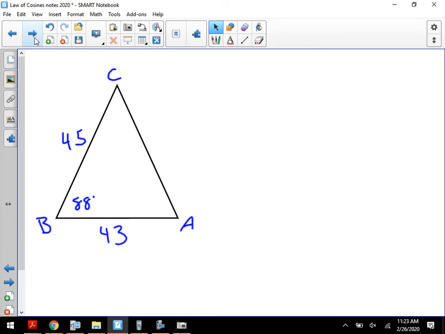Okay? What happens with law of cosines is that it's always dependent upon what information you have. Remember how we always label? The big angle is opposite the small side, small letter, and so on and so on. That pattern still holds true.